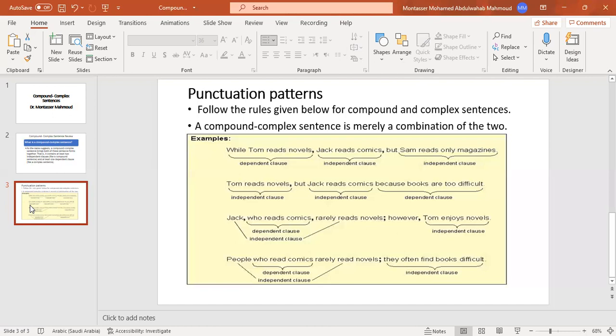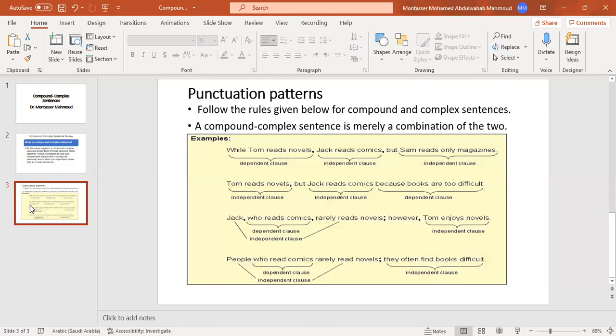The third example of a compound complex sentence: Jack, who reads comics, rarely reads novels. However, Tom enjoys novels. Here we have three clauses. Very good, students. What is the first clause? Who can identify it? Jack rarely reads novels. Jack is the subject, reads is the verb.